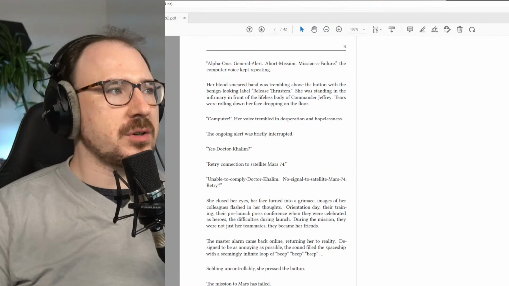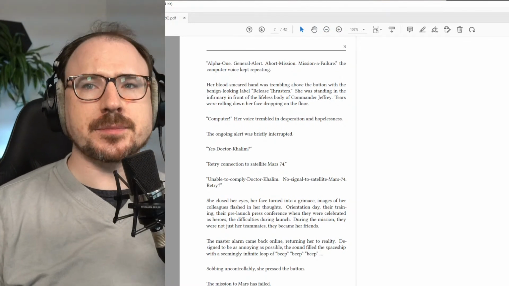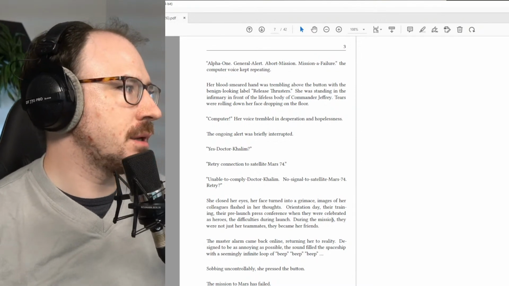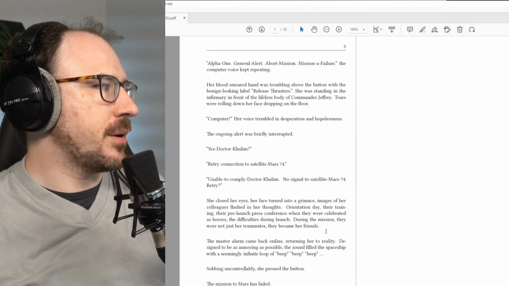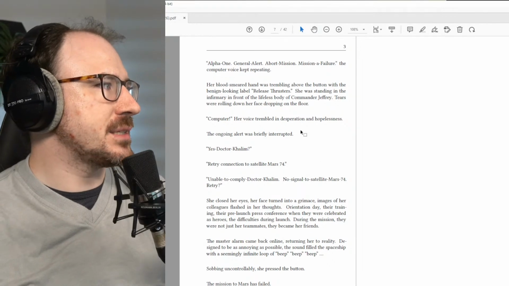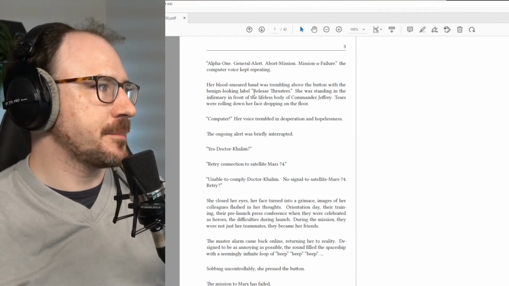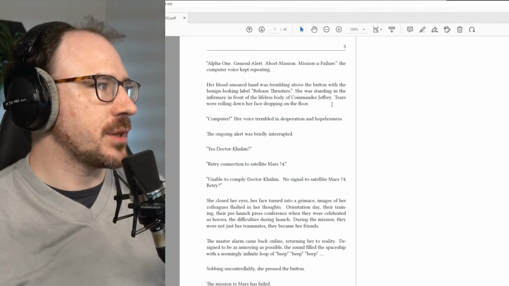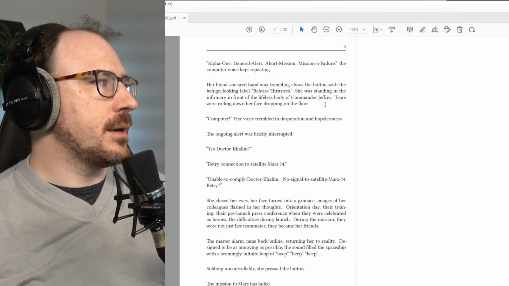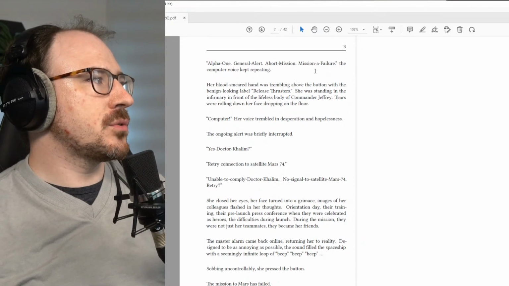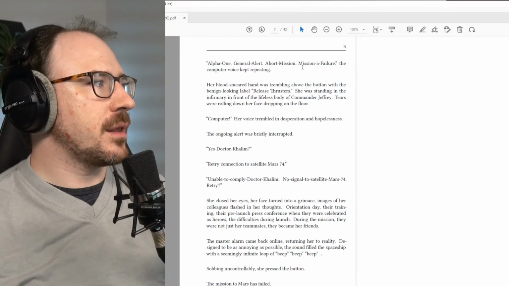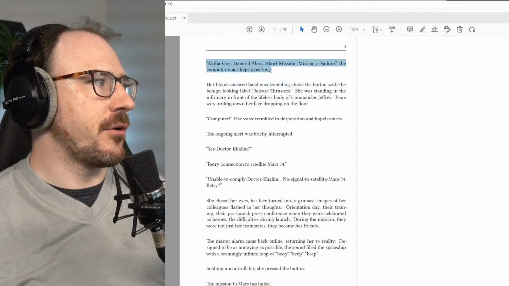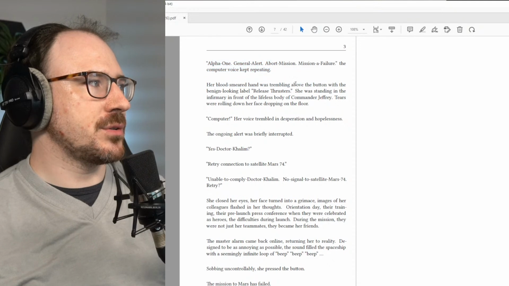Okay, so what do we actually learn here? We learn that she has colleagues. But we learn that the commander has died and that she had, of course, an emotional connection to the commander. The computer says the mission is a failure, but we don't know what kind of mission.